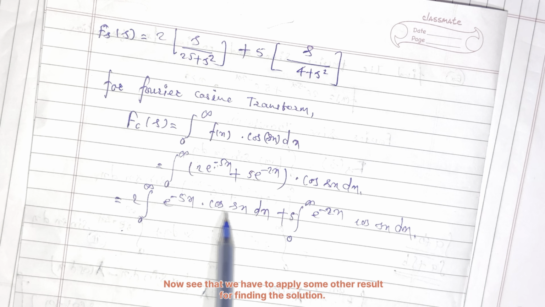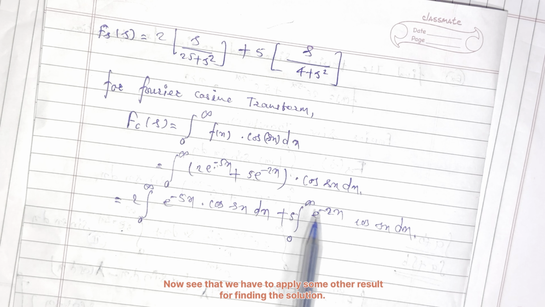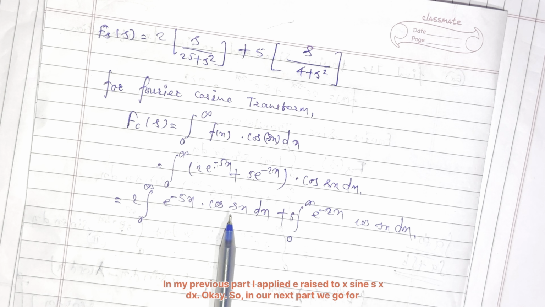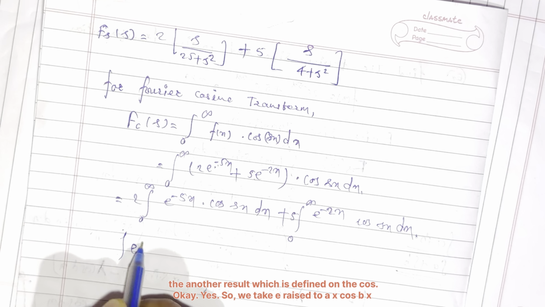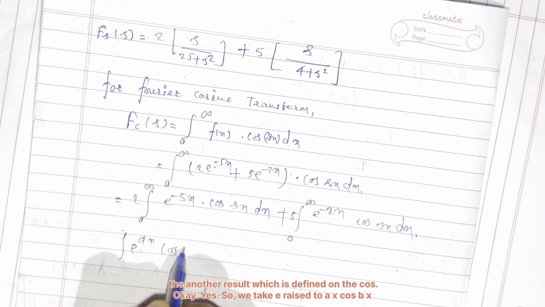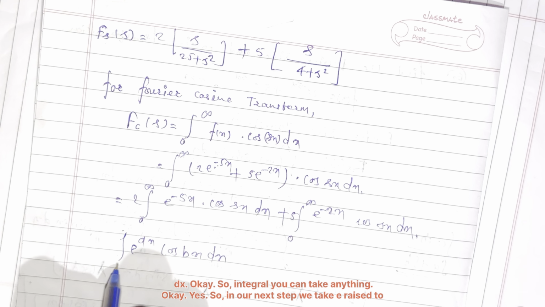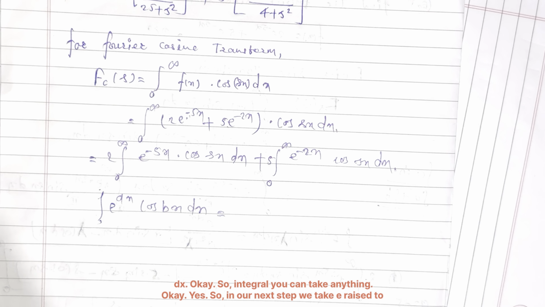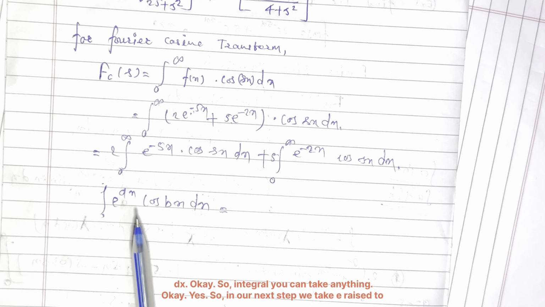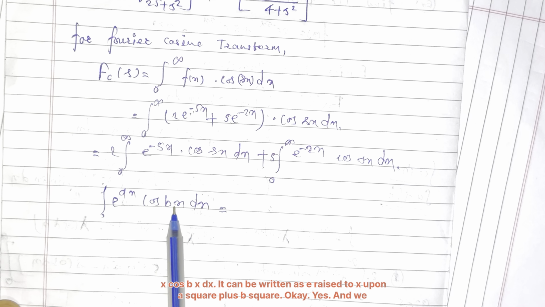Now we have to apply some other result for finding the solution. In the previous part I applied the result for e^(ax) sin(bx) dx. In our next part we go for another result which is defined on cos. So we take the integral of e^(ax) cos(bx) dx.